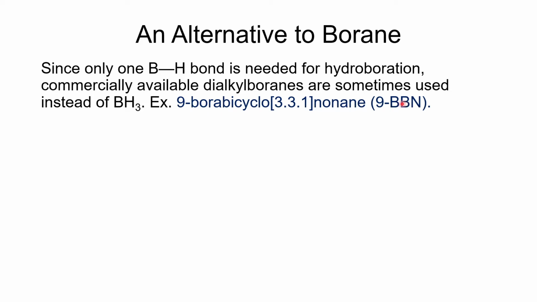As far as what you need to memorize, the name 9-BBN, and it is essentially a dialkyl borane that comes right out of the bottle, and it's easier to work with. So that's why we like that dialkyl borane.